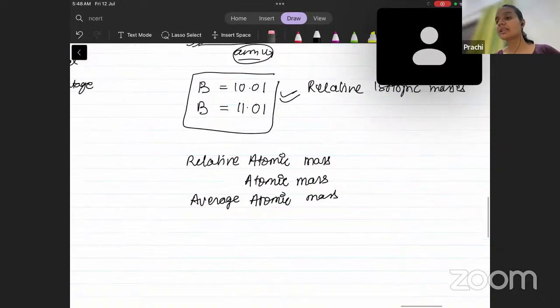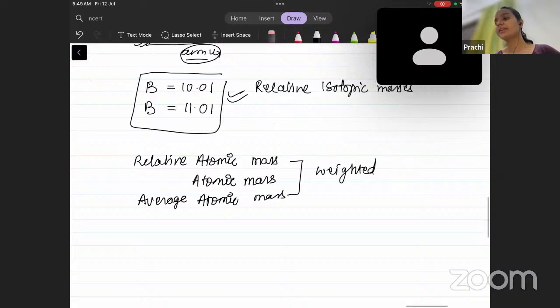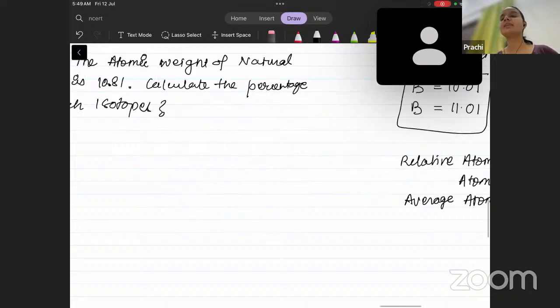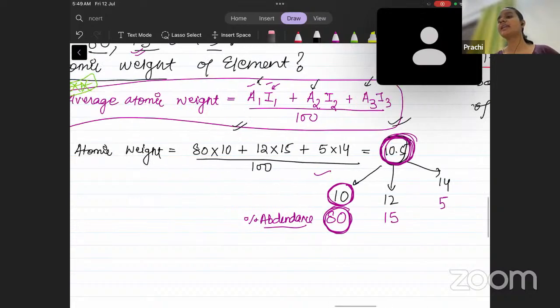So this is the weighted average mass, or we say weighted mean mass. So basically we are taking the mean here, right? We are taking the average, but we are taking the weighted average, meaning we are considering the abundance of each isotope in nature, right? So that's what we mean by weighted mean.